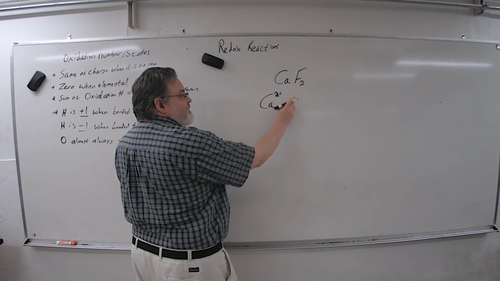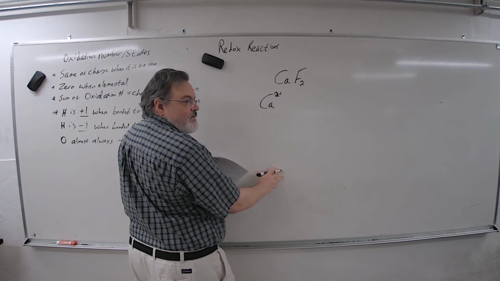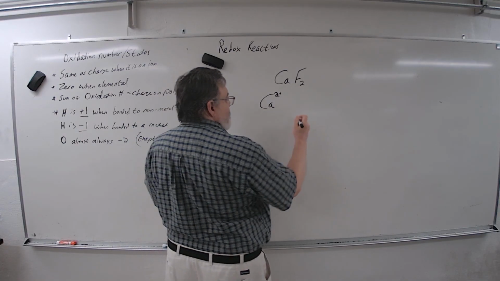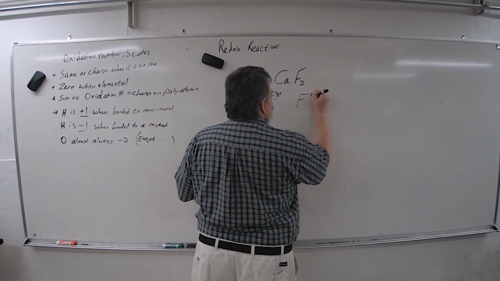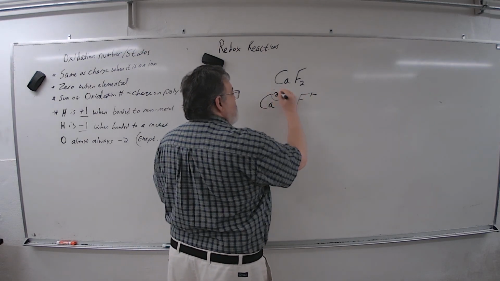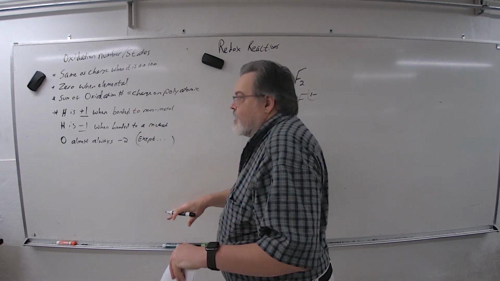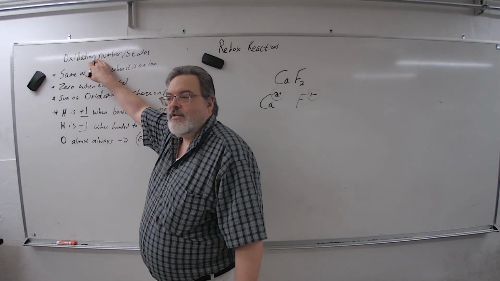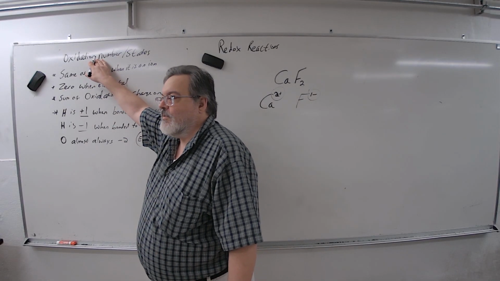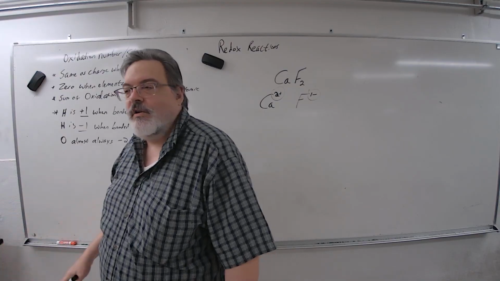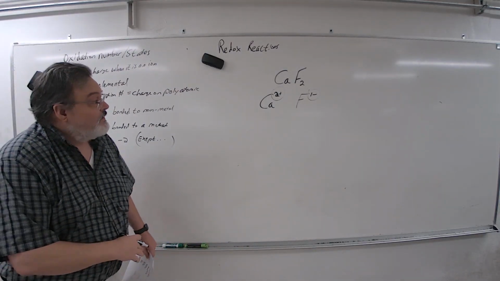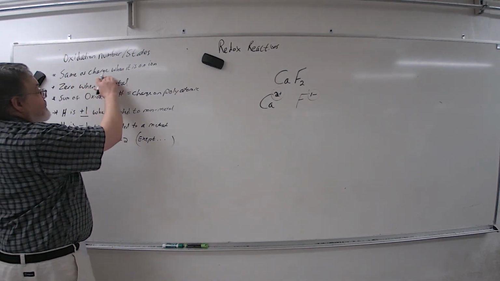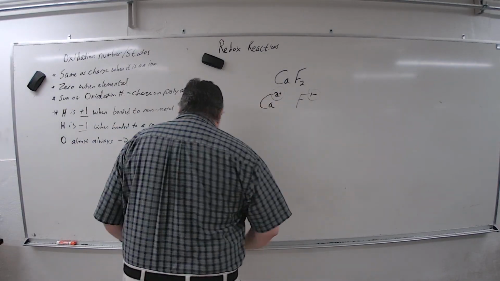If this is 2 plus and there's 2 fluorines, so fluorine is 1 minus. In this section, we're going to call that its oxidation number, its oxidation state. So it's exactly the same as what you already learned for ionic compounds. So that's really this first rule. It's the same charge as when it's a monatomic ion.